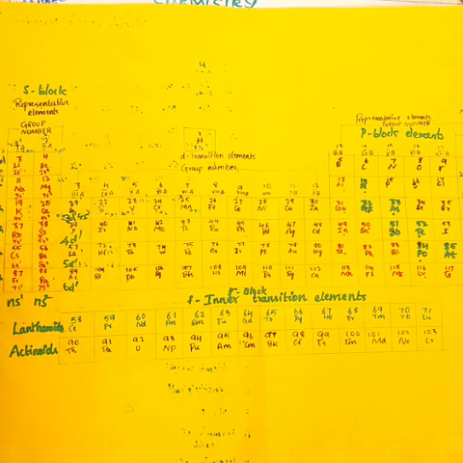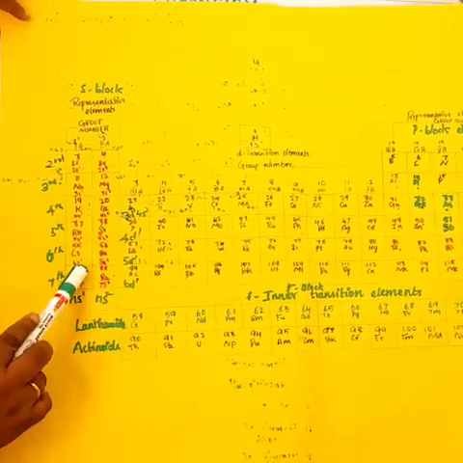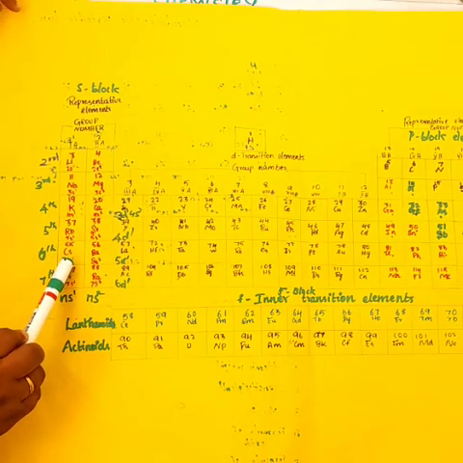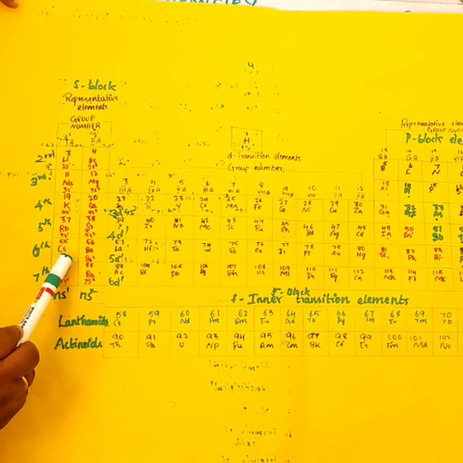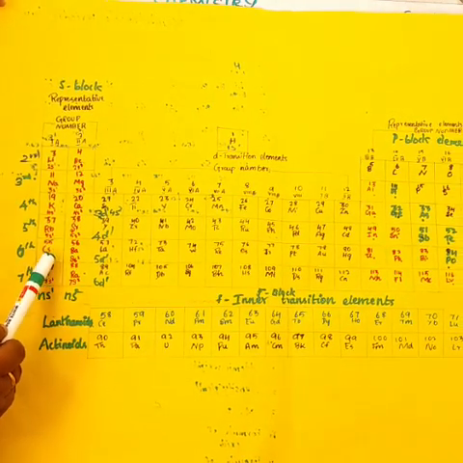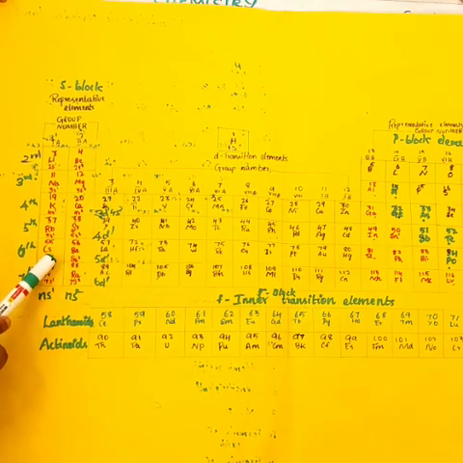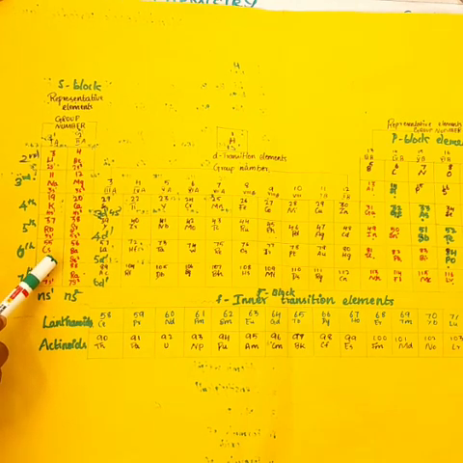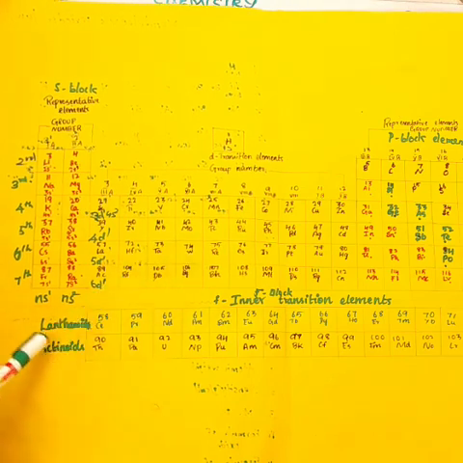The sixth period starts from the 6s1 orbital. The outer electrons are present in the 6s orbital, starting from cesium. Cesium is followed by 4f, 5d and 6p orbitals.